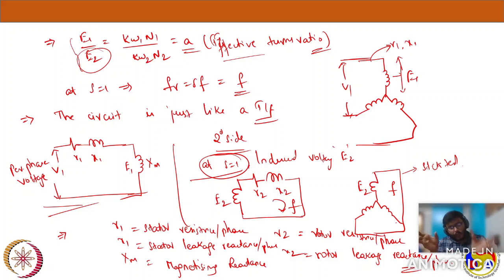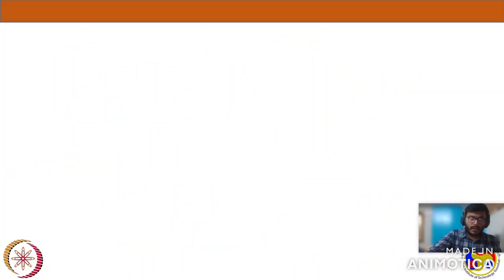I can refer all the parameters from the stator to the rotor and combine them, or I can refer all my rotor quantities to the stator side and combine them. Using circuit analysis, we can combine the primary and secondary sides and get a combined equivalent circuit.